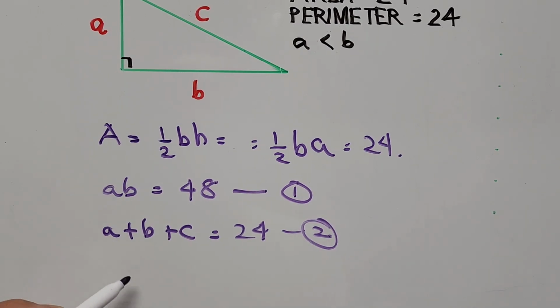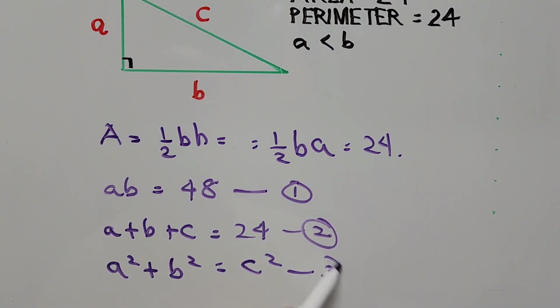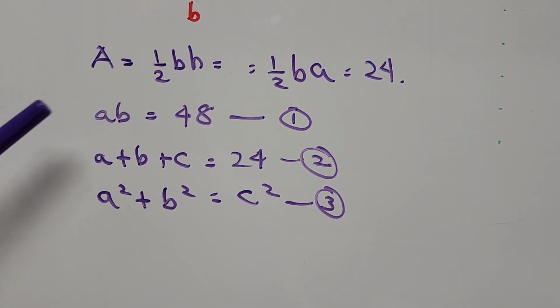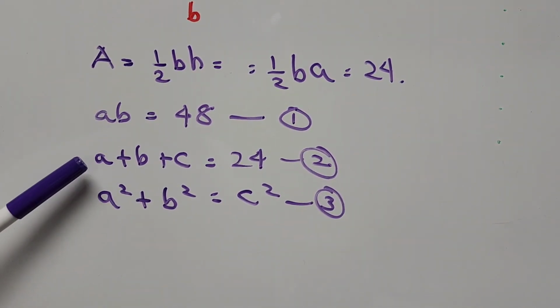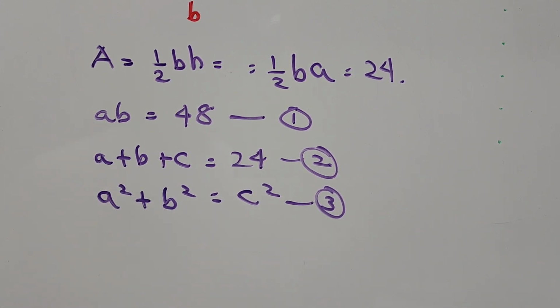We have A squared plus B squared equals the hypotenuse squared, C squared. We call this our third equation. We now have three equations and three variables A, B, and C, so we can now start solving for the variables, right?